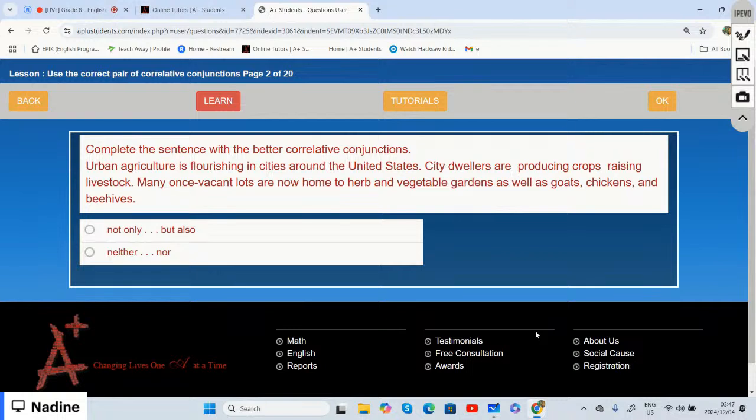So city dwellers are not only producing crops but also livestock. We can say option one.